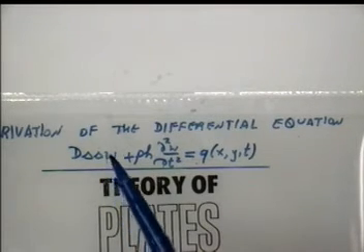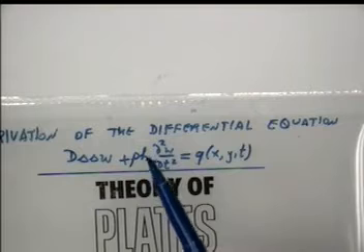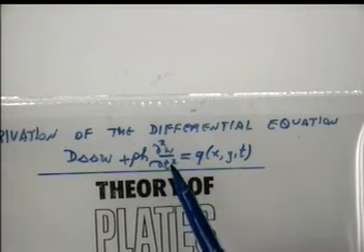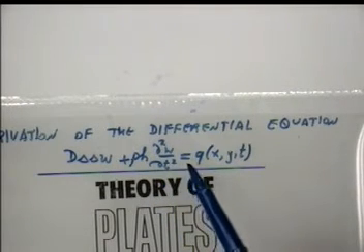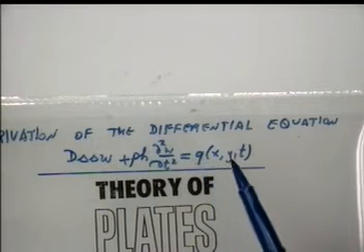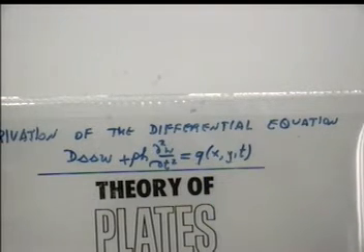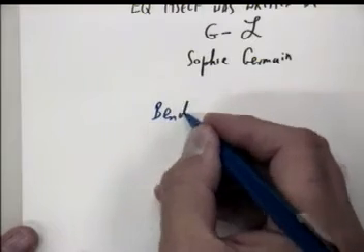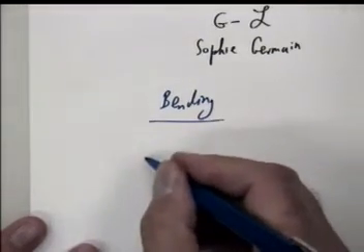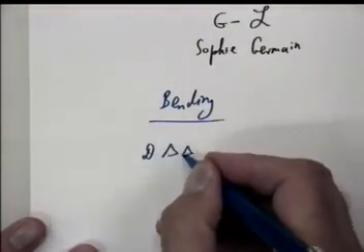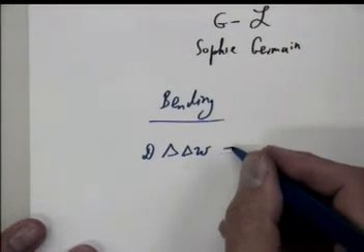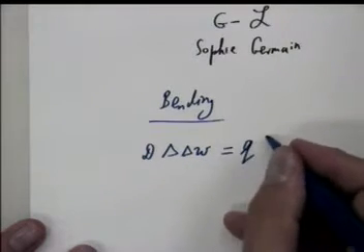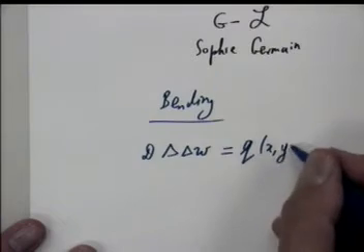D del del w plus rho h d2w dt squared, that is for vibrations I wrote, equals q of x, y, t. Now, if we want to write for bending, then it is D del del w equals q of x and y.